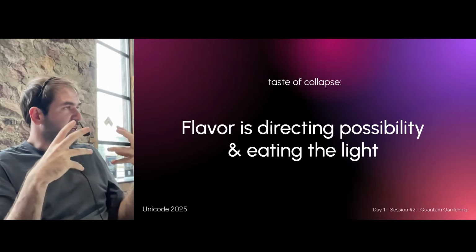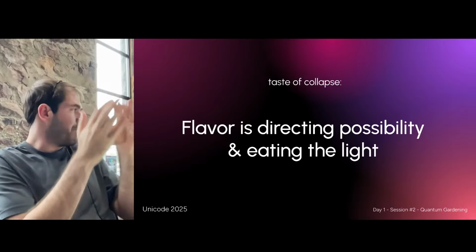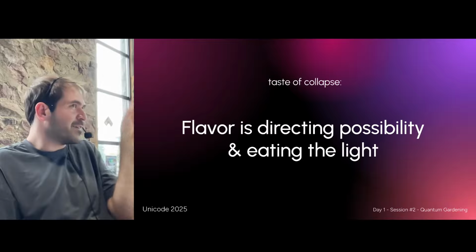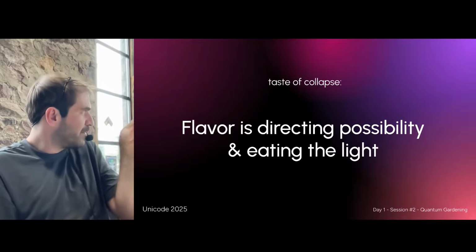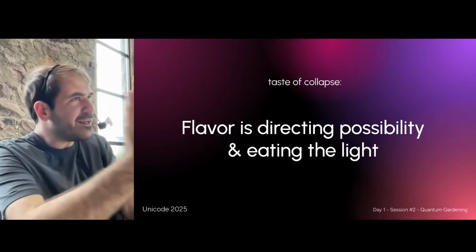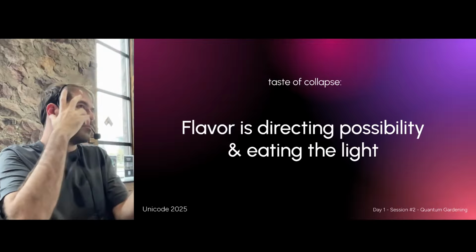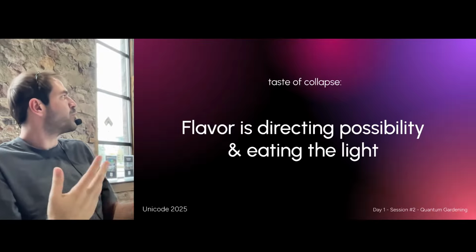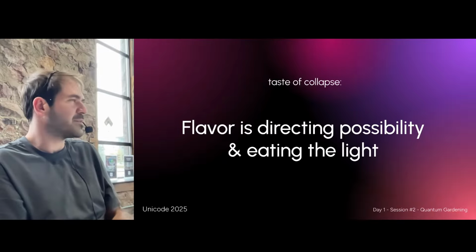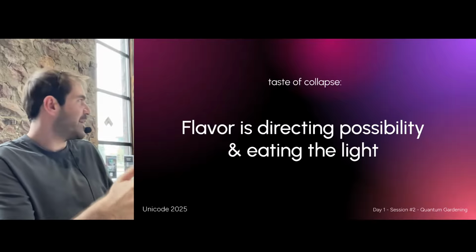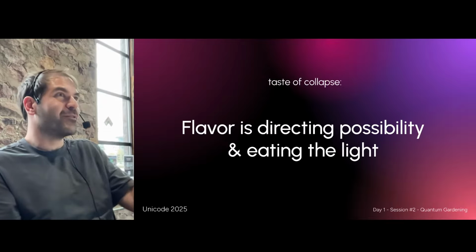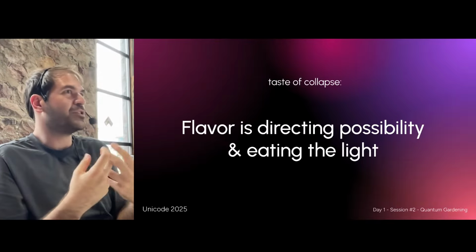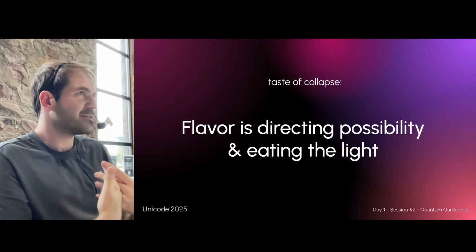So it's like that projector, which is that bottlenecking. That's the flavor, because it's directing what experiences you want to render, and then you're eating that light hologram of experience, right? Because your flavor is basically, do I want to be in Florida or do I want to be in Alaska? And then you eat the flavor of the experience, which is being in Florida or being in Alaska.